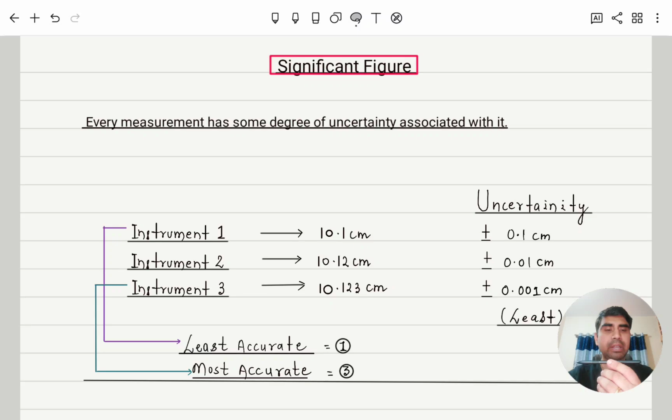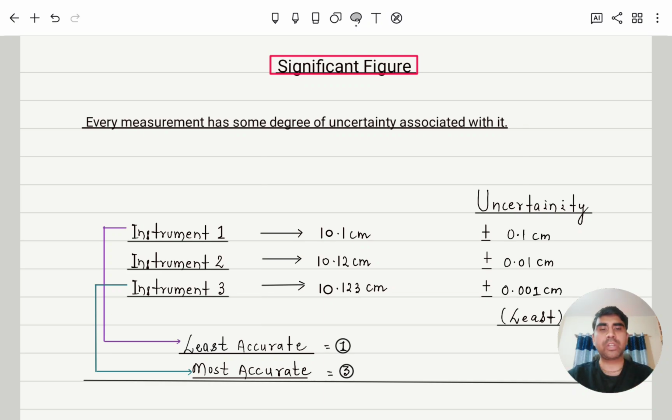So there is very little chance that it will be less accurate. From here onwards, if any instrument or measurement has a greater number of significant figures, there is a lower probability that it has errors. Clear?